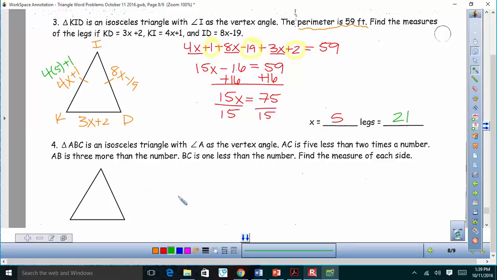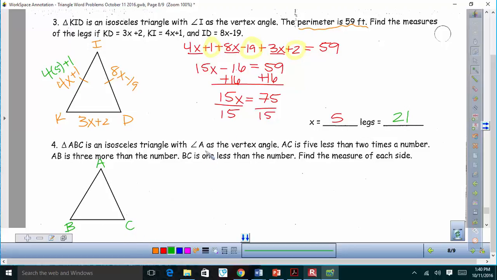So this one says its vertex is angle A. So this angle up here is going to be A. Then it does not matter where I put B or C. I'm going to put B here and C here.